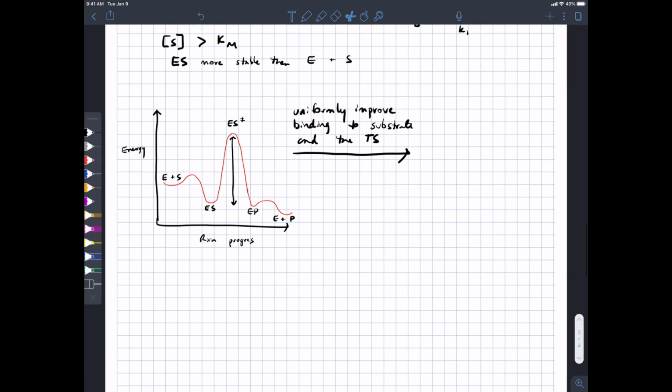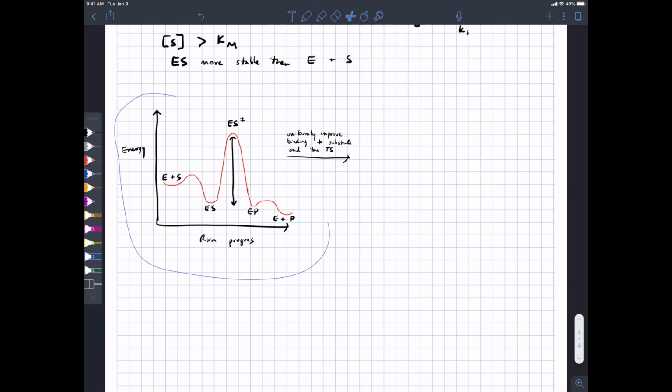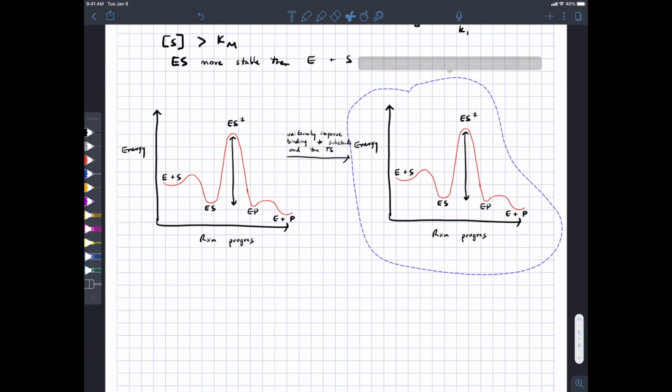And I think we'll shrink that down. We're going to copy this over, and we're going to imagine what that looks like.